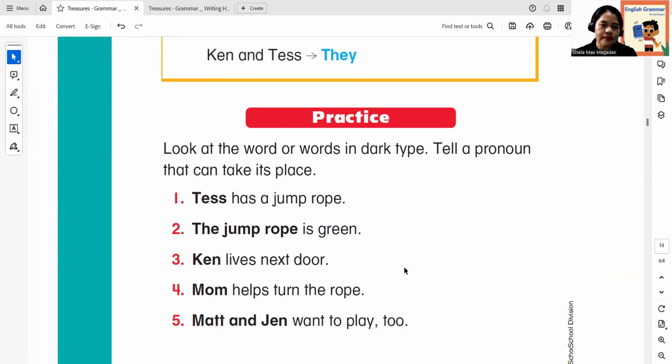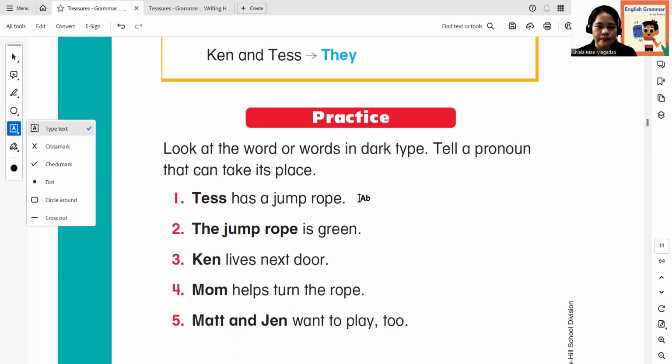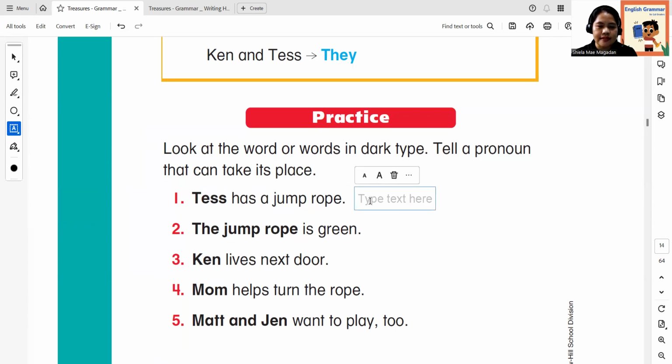All right. Now, let's have a practice. Look at the word or words in dark type. We have highlighted here, the color is black. Tell a pronoun that takes its place. Number 1, Tess has a jump rope. So, what is Tess?